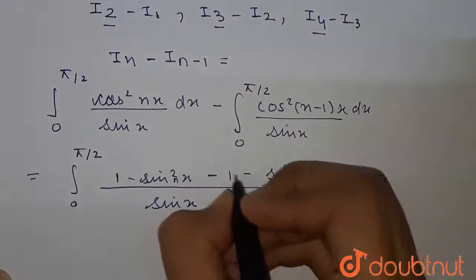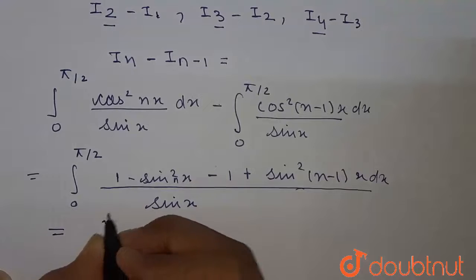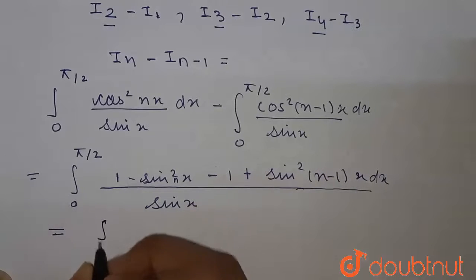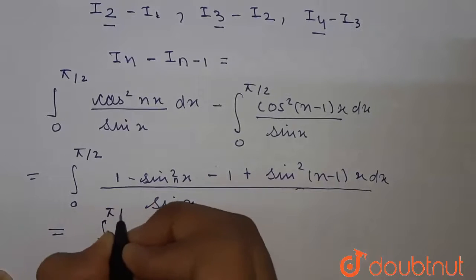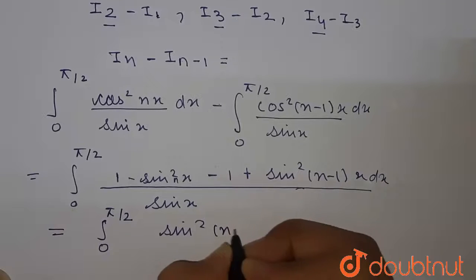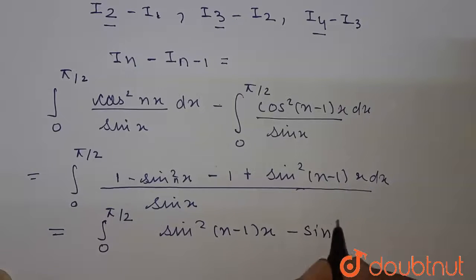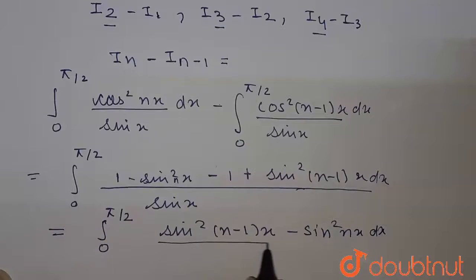Because of this minus, this will become plus. So the minus 1 and plus 1 will get cancelled. Here we will have the integral from 0 to pi by 2 of sin square (n minus 1)x minus sin square nx dx divided by sin x.